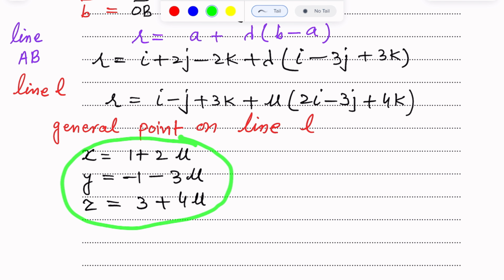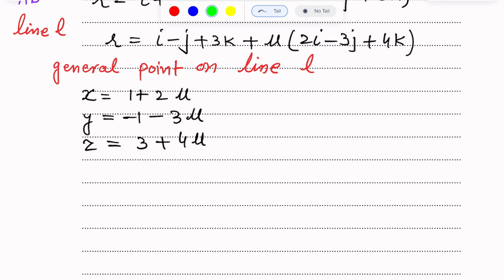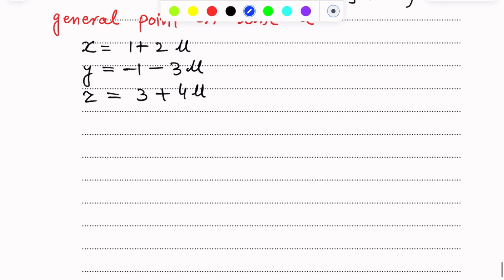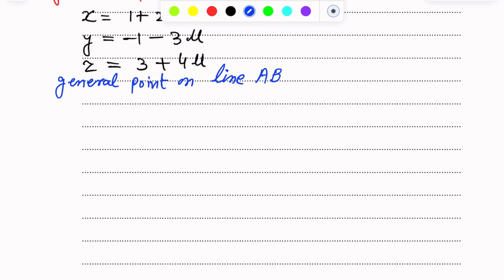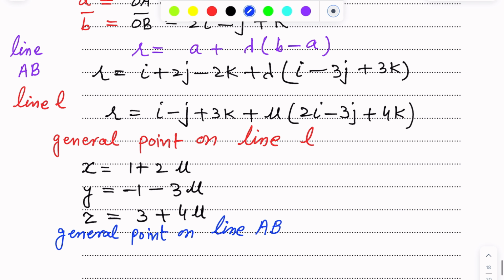In the same way, we will take the general point on line AB, the line passing through A and B, simply line AB you can say. Now again we are comparing the coefficients of i, j and k.